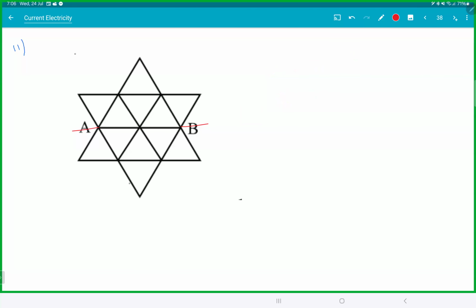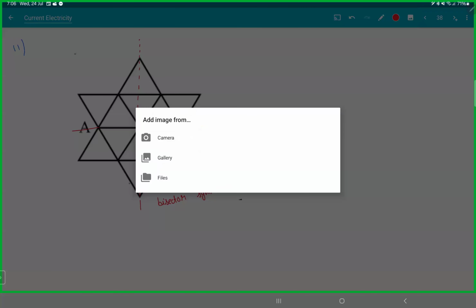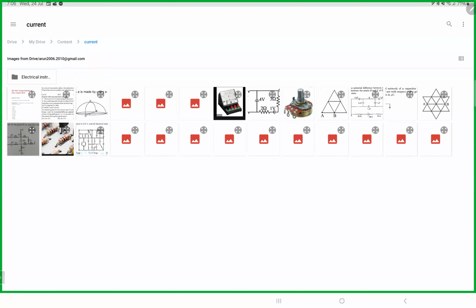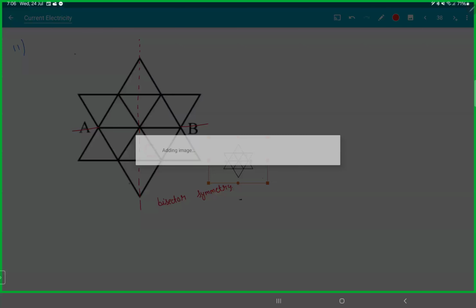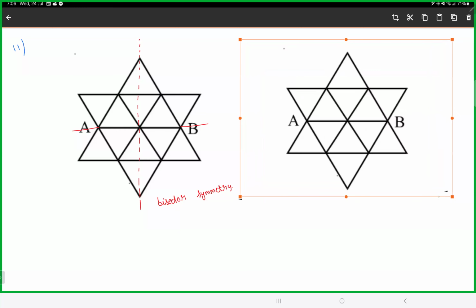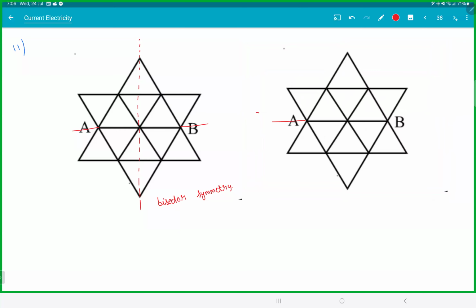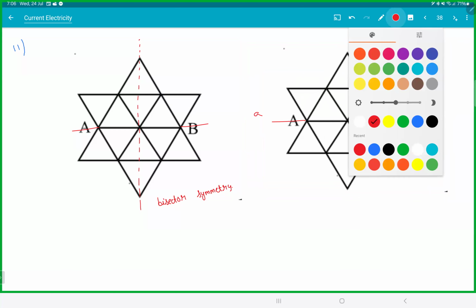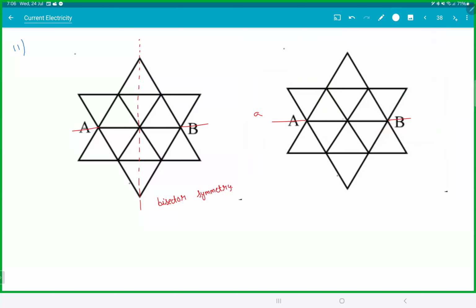So we can clearly see here, this is a bisector symmetry. That means any node in the middle can be opened up.